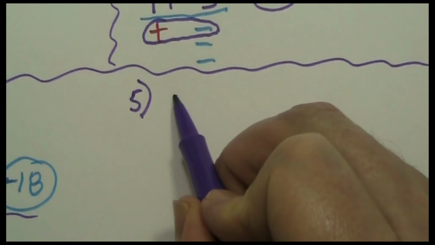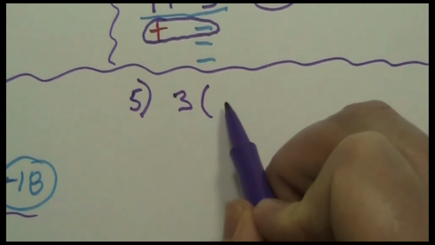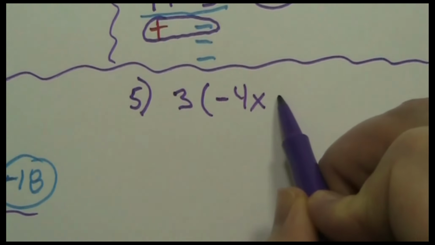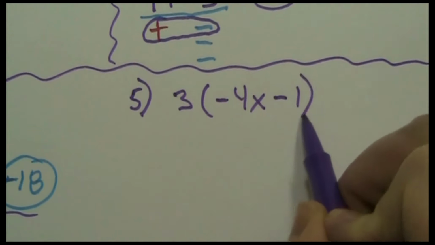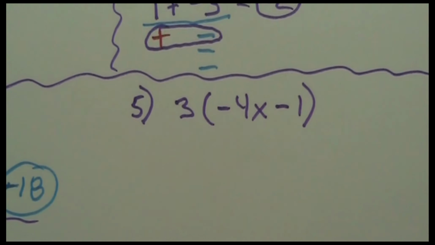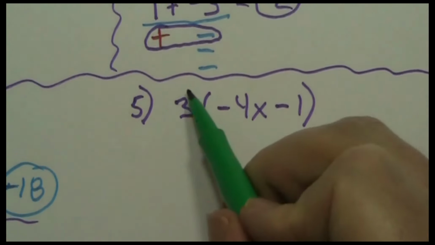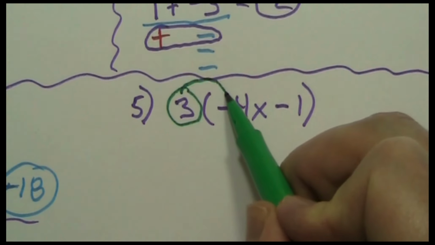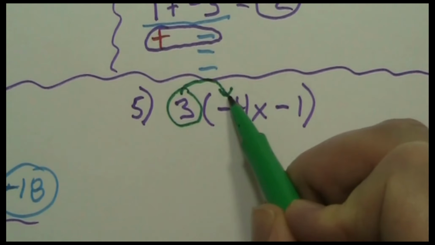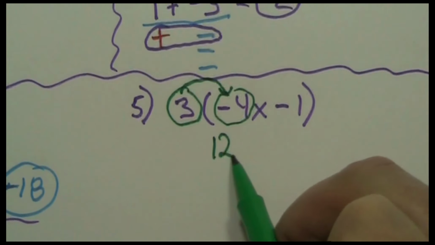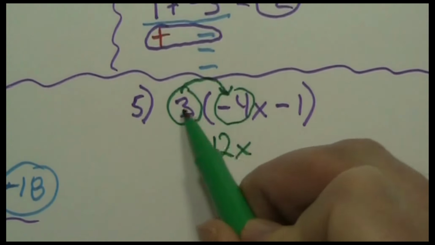So we have 3 times the quantity negative 4x minus 1. You want to take each one on the outside times the inside. So I'll take 3 times negative 4. 3 times 4 is 12, so it's 12x, and there's 1 negative.